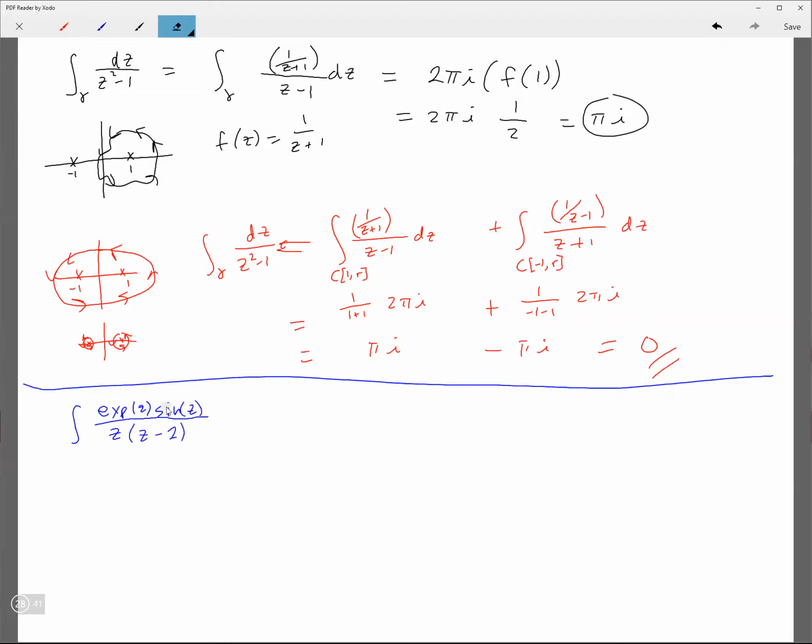Hold on. Let me make this the cosine, because I don't want it to be 0. So it's cosine z, so exponential z times cosine z. And let's make it a circle with center 0 and radius 3.